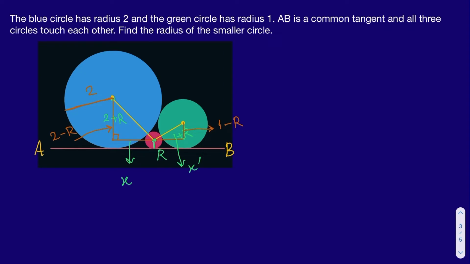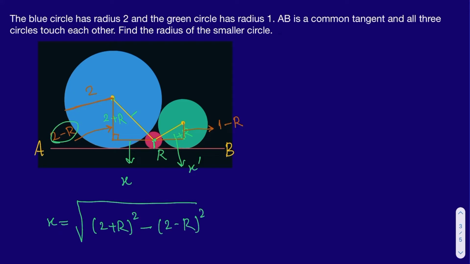Here, x is equal to, I will use the Pythagorean theorem. So x will be equal to the square root of the size of this side, which is (2 plus r) to the power of 2, minus this side, (2 minus r) to the power of 2.